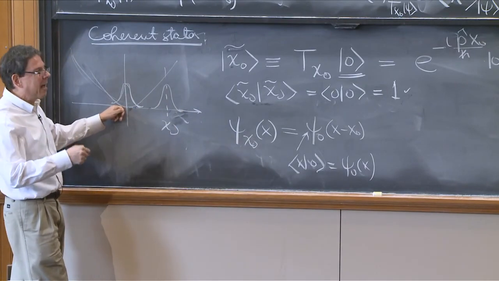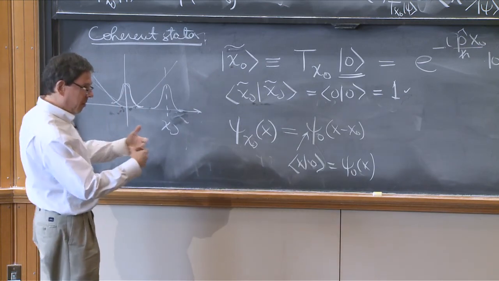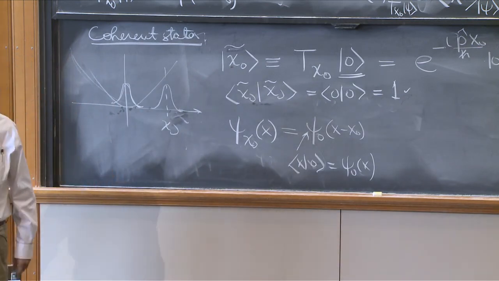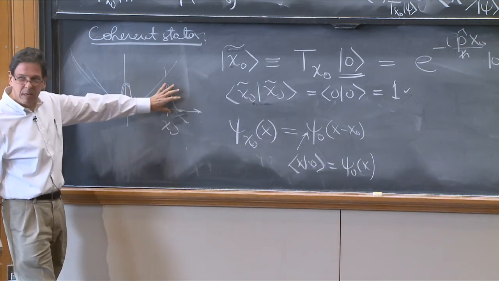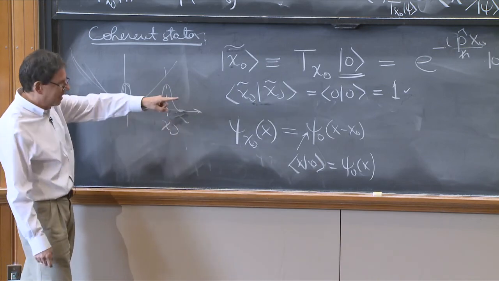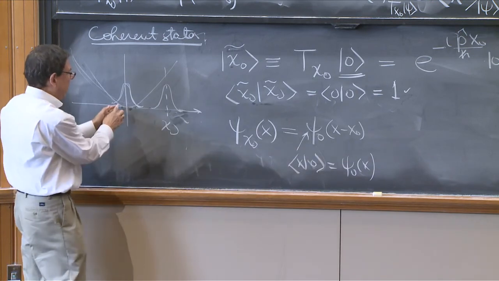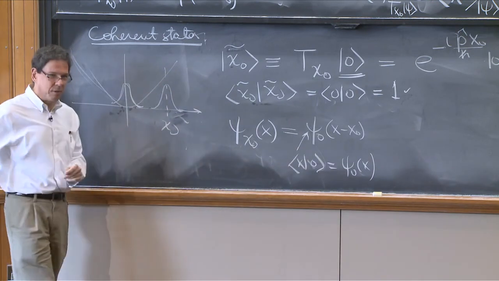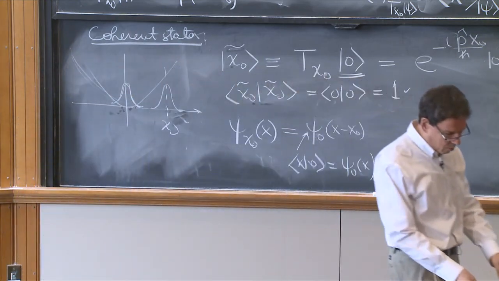So 1/2 k x0 squared, k for the oscillator. So the energy of this thing is quite reasonably approximated, if x0 is large enough, by the second term. And this is the cost of energy of having a particle off the potential. So it's behaving in a reasonable way.